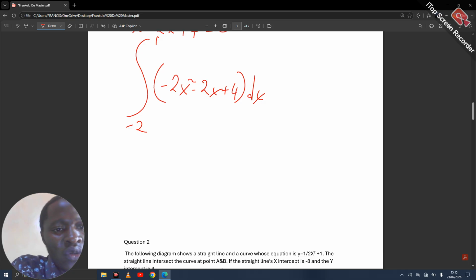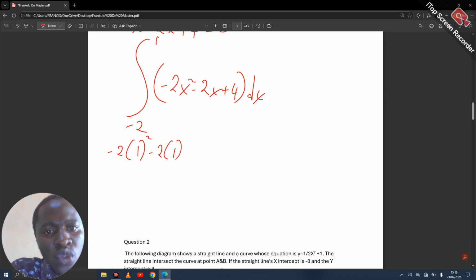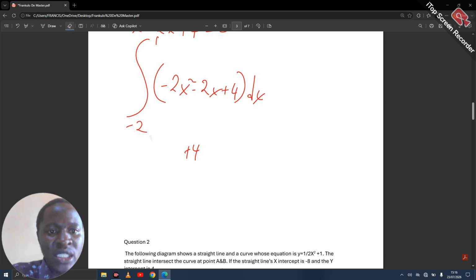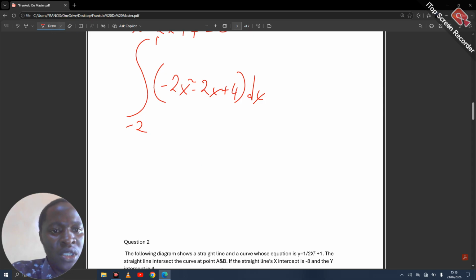You substitute. So we shall have -2 into 1 squared minus 2 into 1 plus 4. Before we substitute, we must rewrite the equation. So we shall have something like this.